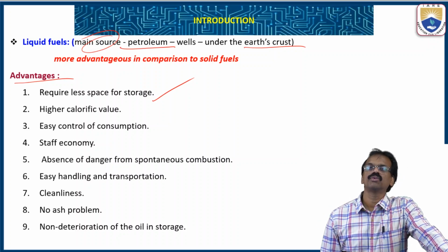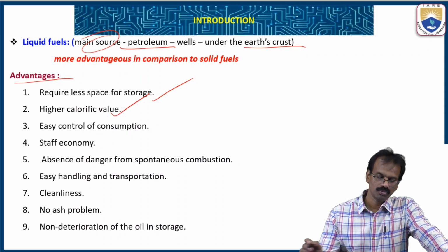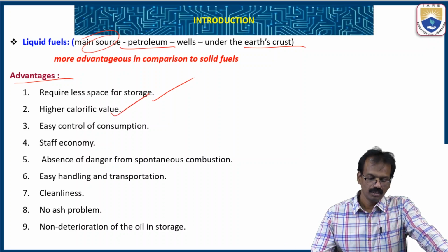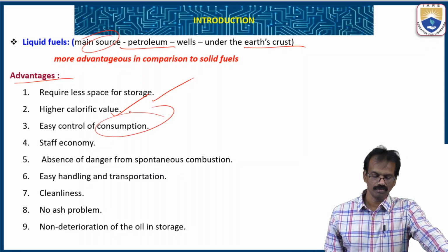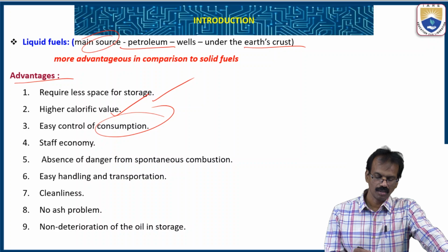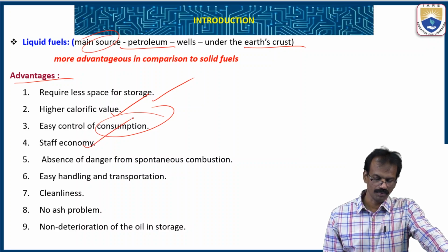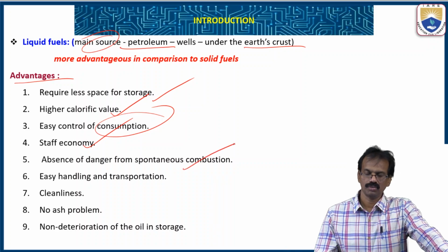It has high calorific value compared to solid fuels, and easy control of consumption rate, we can control this one. It gives good economy, and there is absence of danger from spontaneous combustion also.